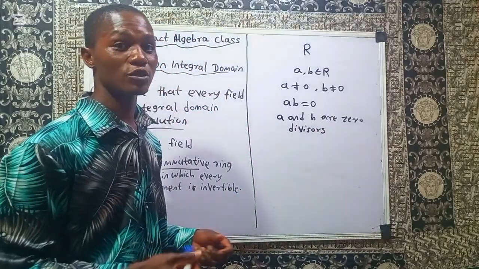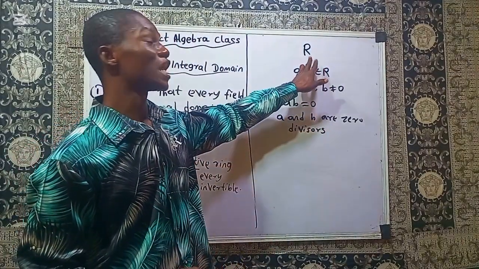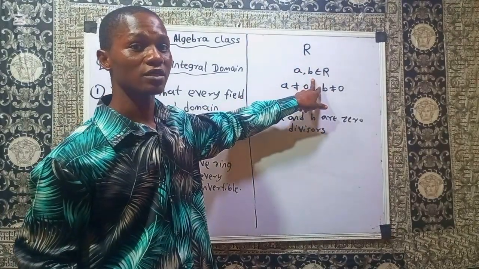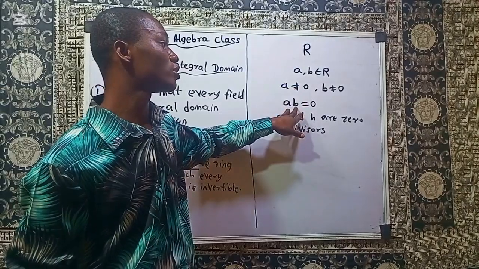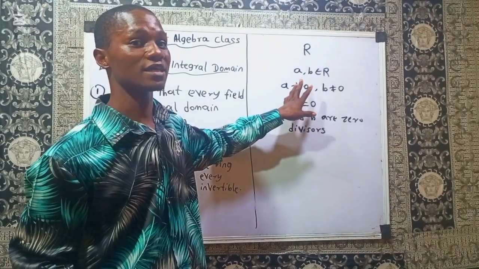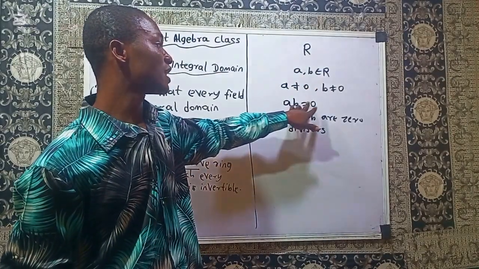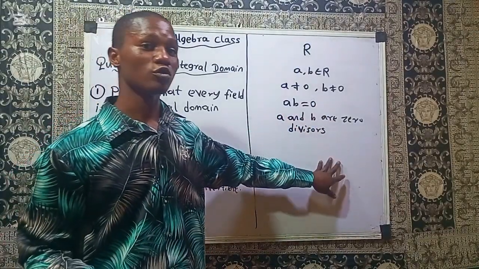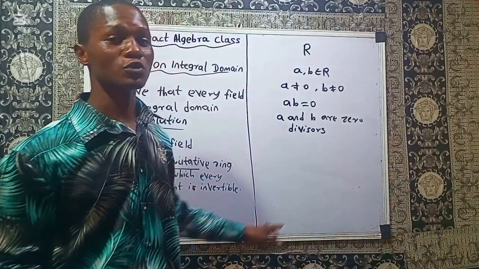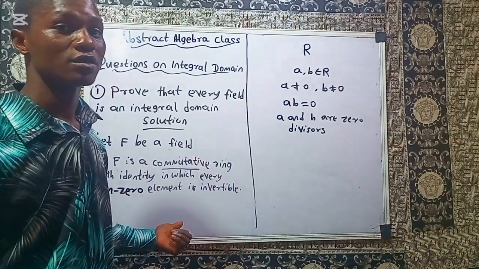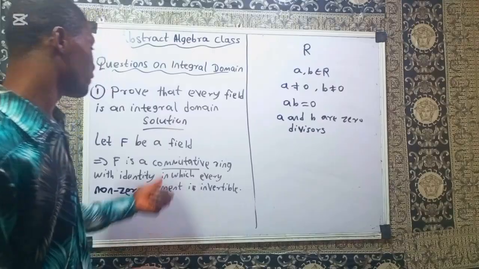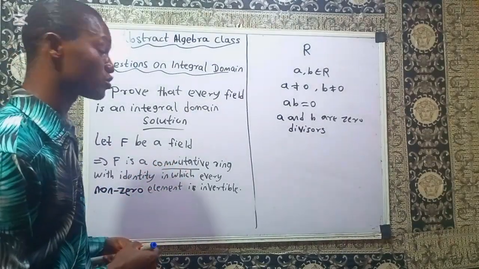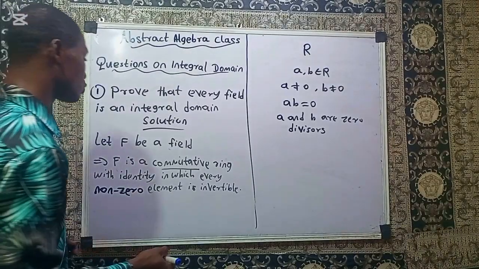So the definition is: you have two non-zero elements of the ring which, if you multiply them, you get 0. But we want to show that in a field there are no zero divisors. The field is already commutative and has identity, so the extra thing we have to show is that it doesn't have zero divisors. How do we show that?